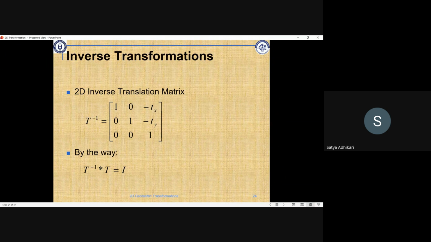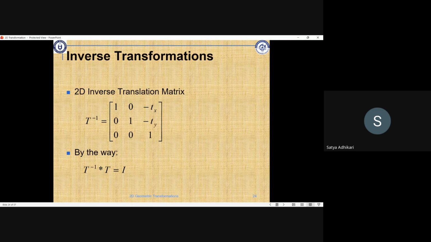Inverse transformations. As the name suggests, after a transformation, if you perform the inverse transformation, you will get the original object. You see your 2D inverse translation matrix, and it is T inverse. Suppose you already applied a translation operation to an object, it has already changed its position.